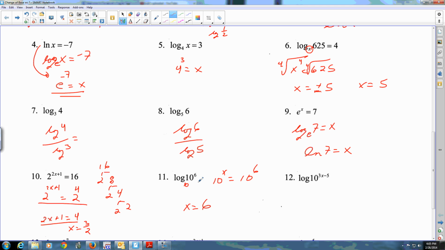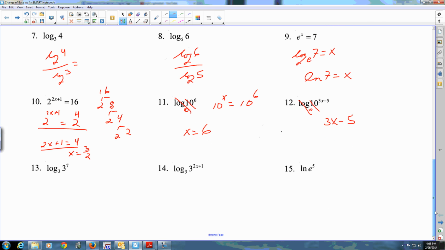So what you need to see is, when the base of the logarithm matches the base inside the logarithm, they cancel out, and you're left with 6.